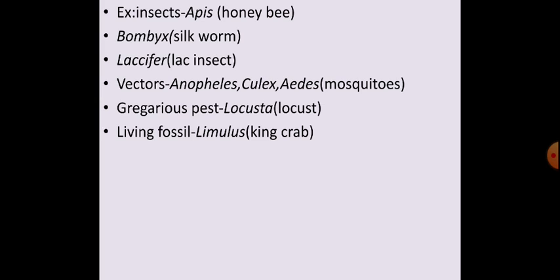Examples: insects, all different types of insects. Apis indica is the scientific name of honeybee. Bombyx mori, commonly known as silkworm, you might have seen.